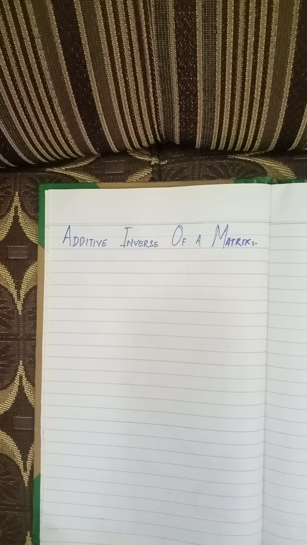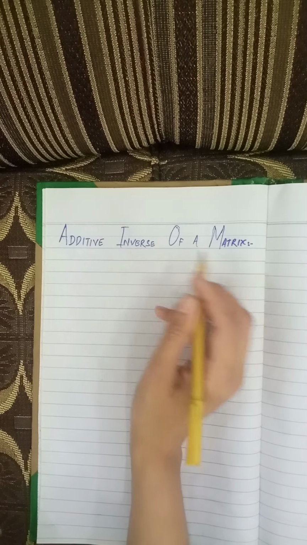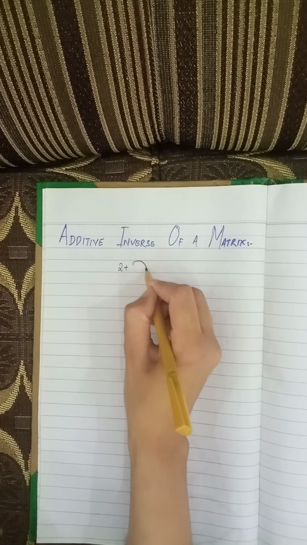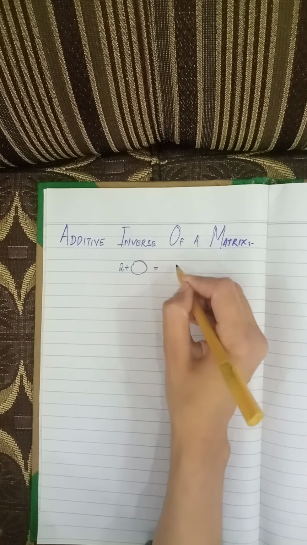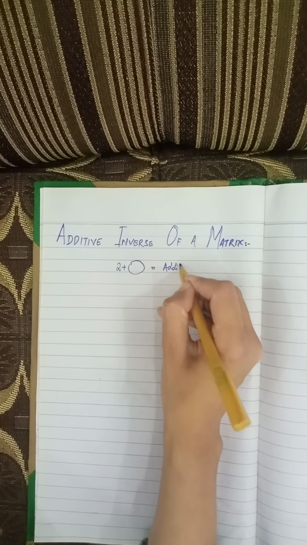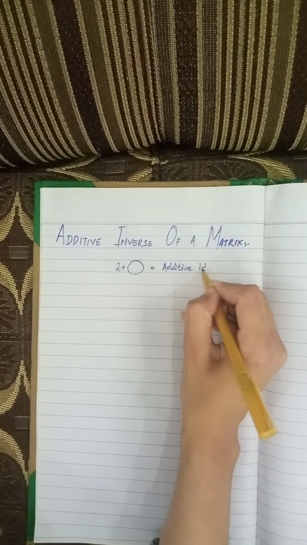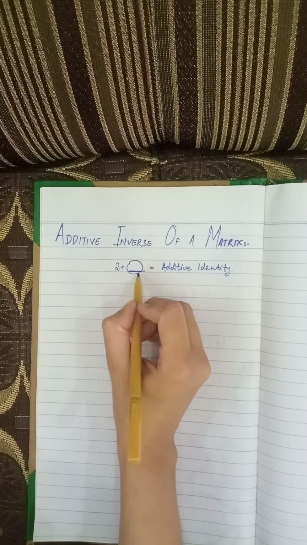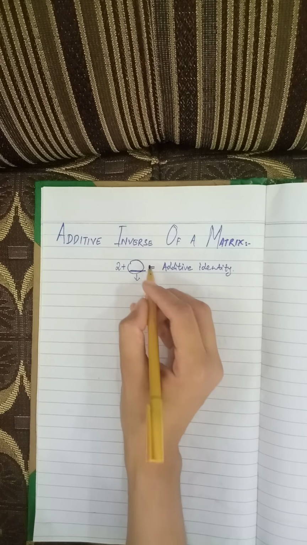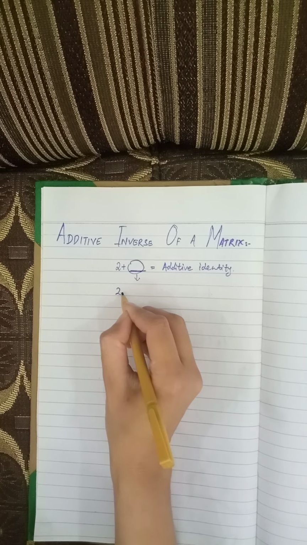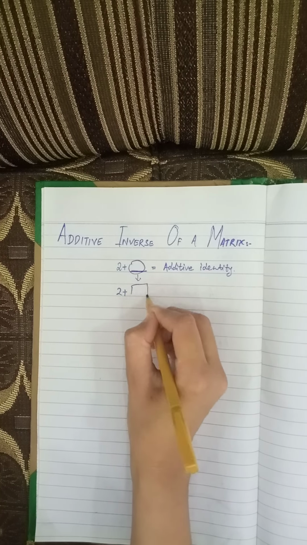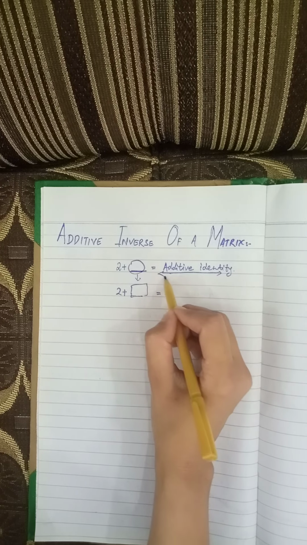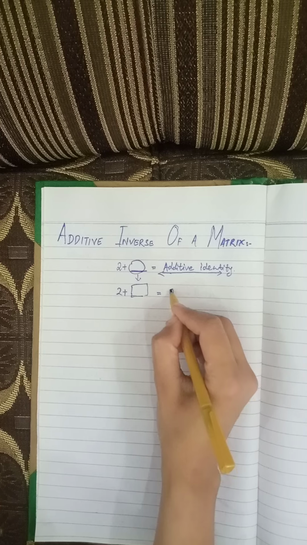Let's take a look. In normal cases, when something is added to 2 so that we gain the additive identity, then this thing would be called the inverse. The additive identity, which I discussed, in this case is 0.